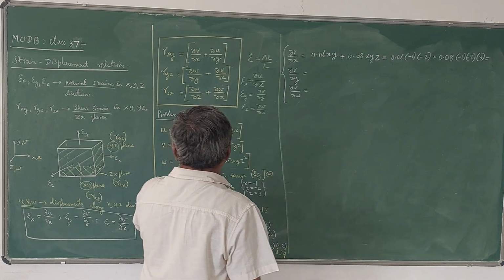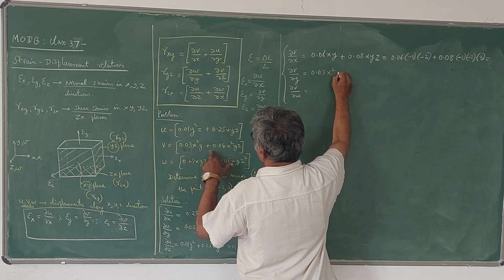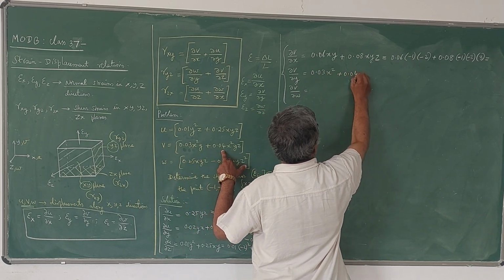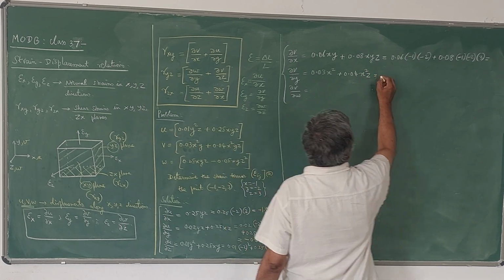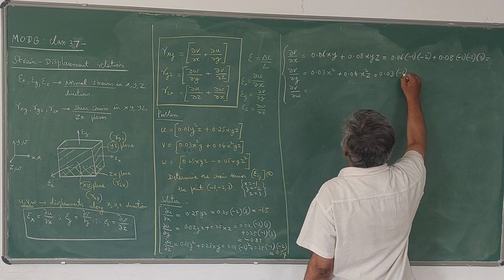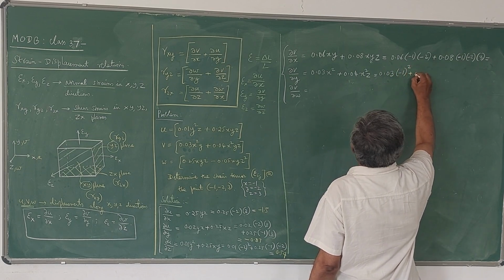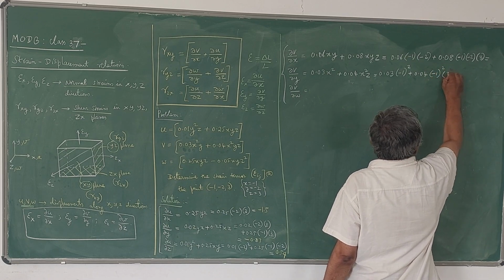With respect to y, we have to differentiate 0.03x² plus 0.04x²z. Substitute for x and z here: 0.03 into (-1)² plus 0.04 into (-1)² into 3.